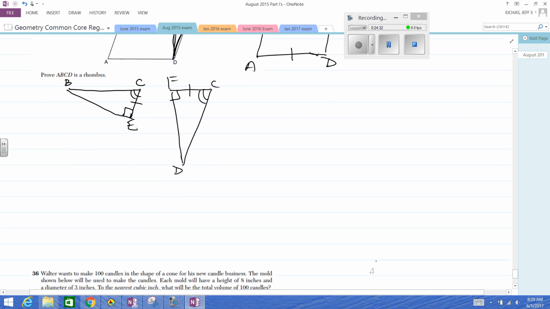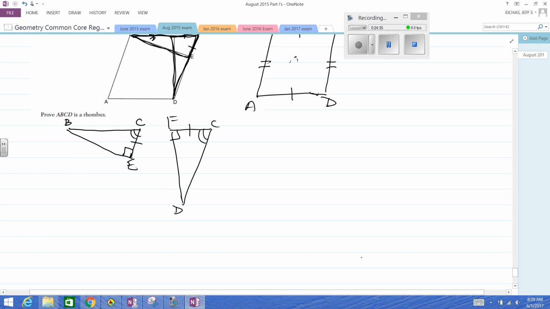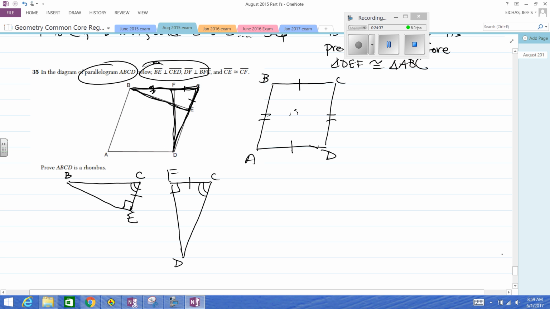So first, I'm going to get the triangles congruent, and let's start with that. Step one, I'm going to say it's going to be an angle side angle proof. Let's just go with angle C is congruent to angle C by reflexive property. Then 2, so that's one pair of angles. This was pretty easy.